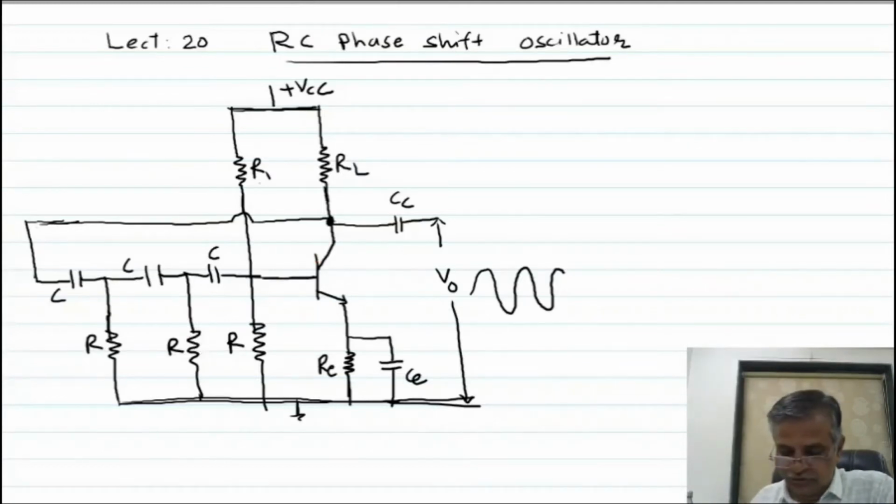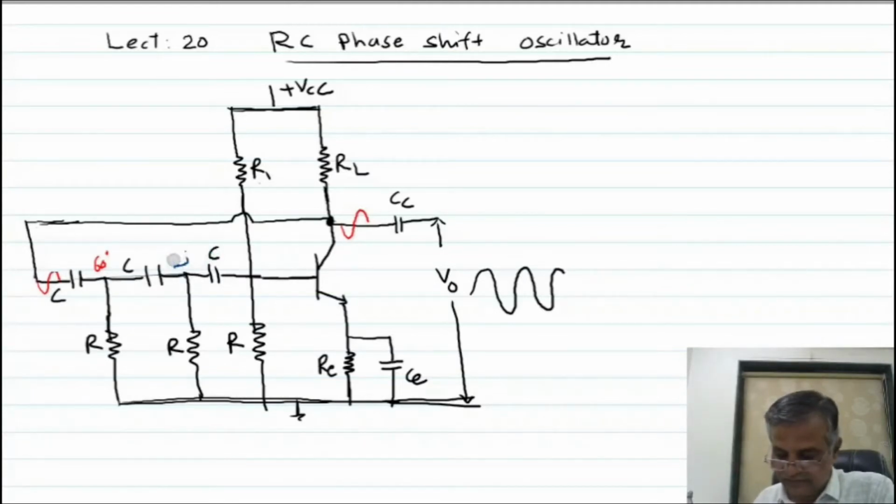Here you will get a 180 degree phase shift, and this signal is given to the feedback network. These RC values are selected in such a way that one RC network produces 60 degrees, the second RC network produces 60 degrees, so the total between this and this is 120 degrees.